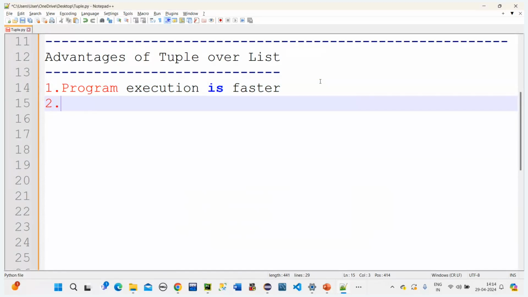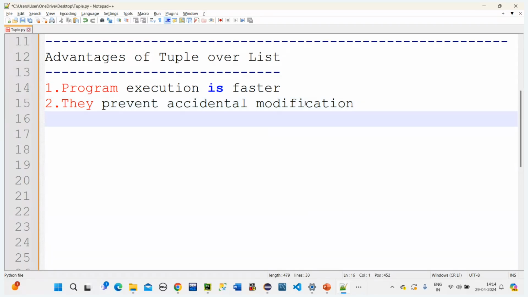The second one is that they prevent accidental modification. It means we cannot do any modification, because they are immutable. And the third one is, as they are immutable, we can take them as keys.